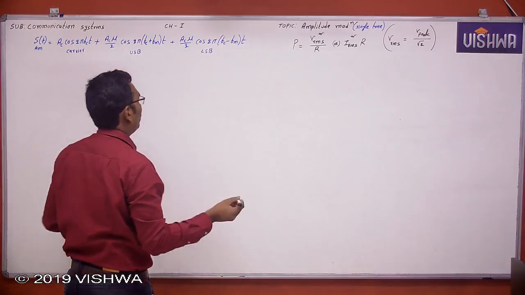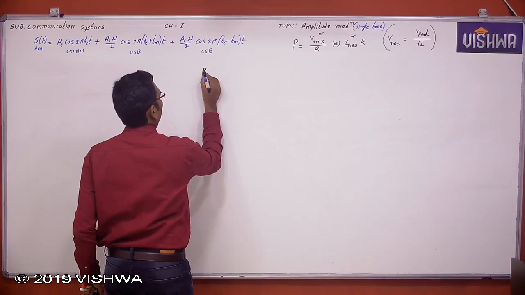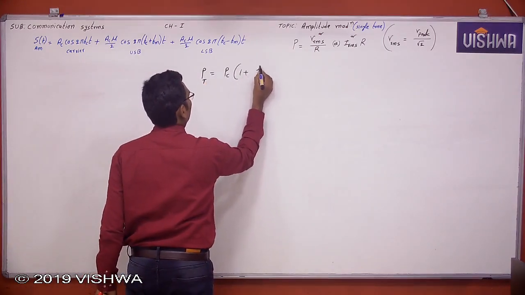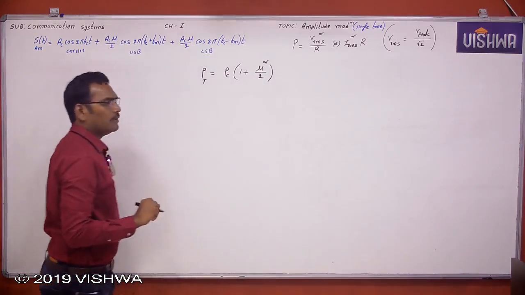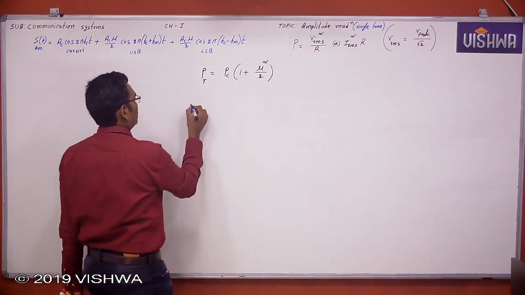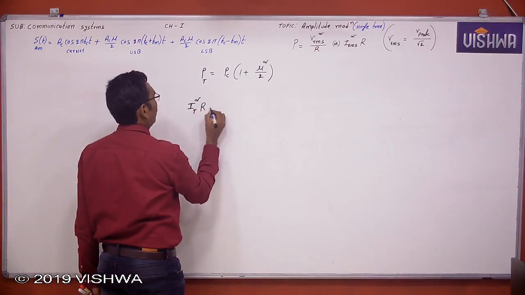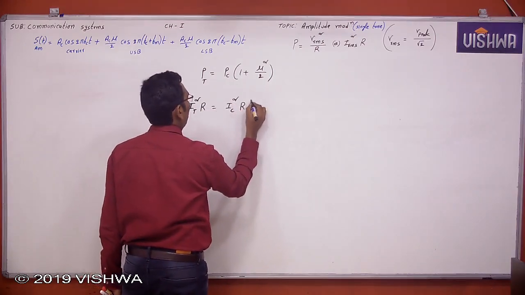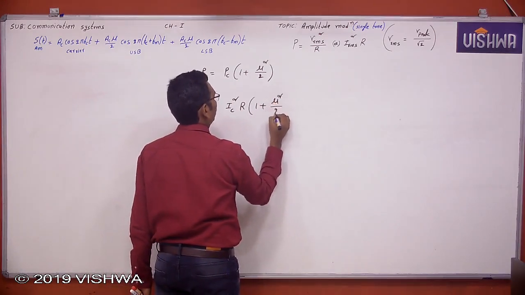Now, what is the total power? The total power required to transmit is Pc into 1 plus mu square by 2. Now I can write this power in terms of current. It is IT square R, which is equal to Ic square R into 1 plus mu square by 2.